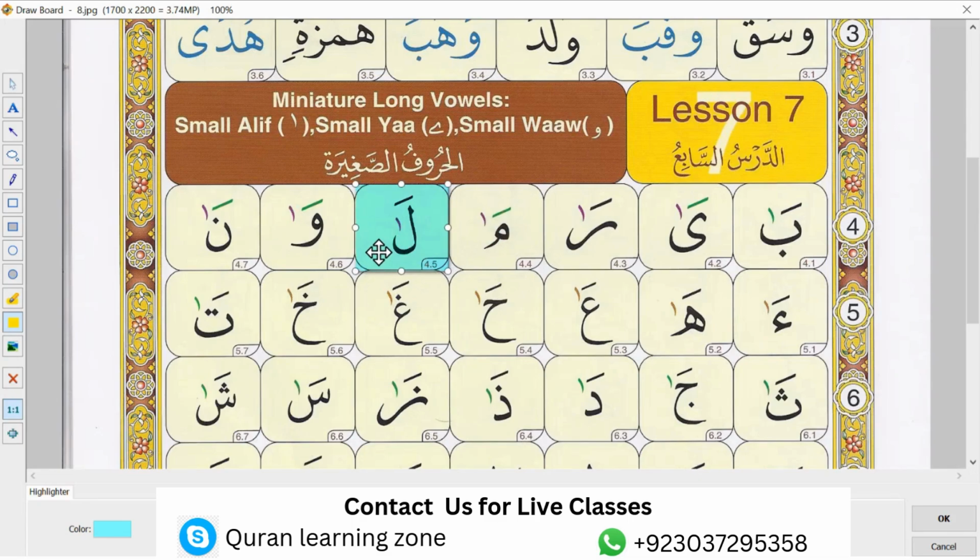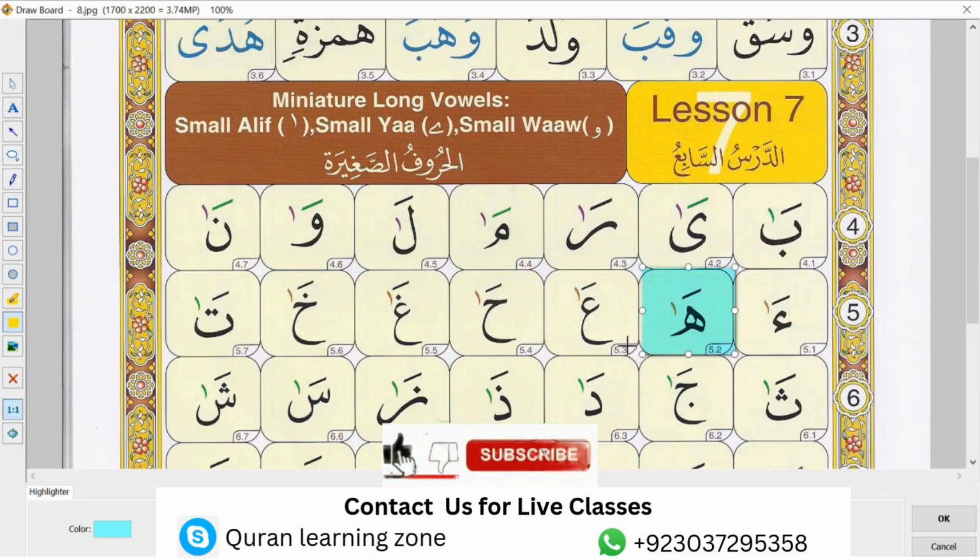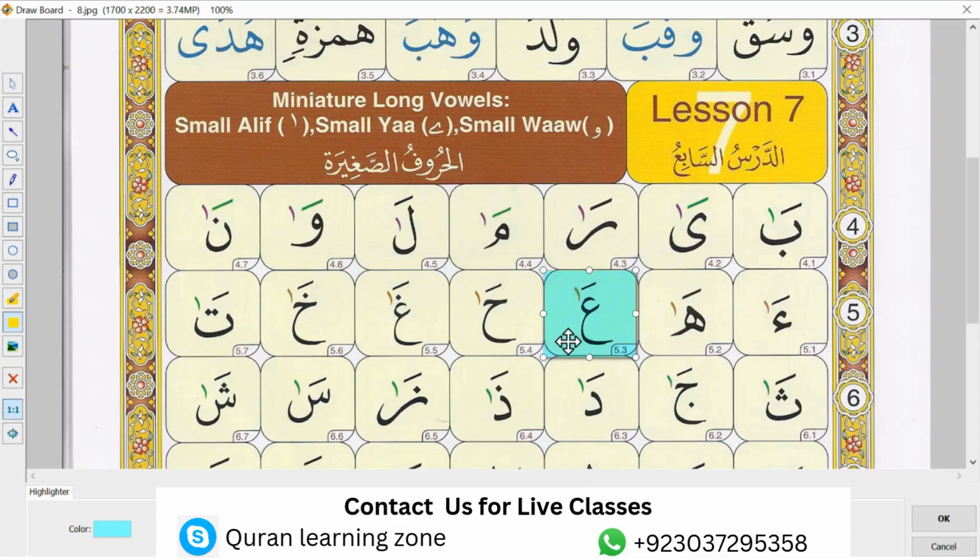Lam khadi zabar la, waw khadi zabar wa, noon khadi zabar na, hamza khadi zabar a, ha khadi zabar ha, ain khadi zabar a, ha khadi zabar ha, ghain khadi zabar gha.